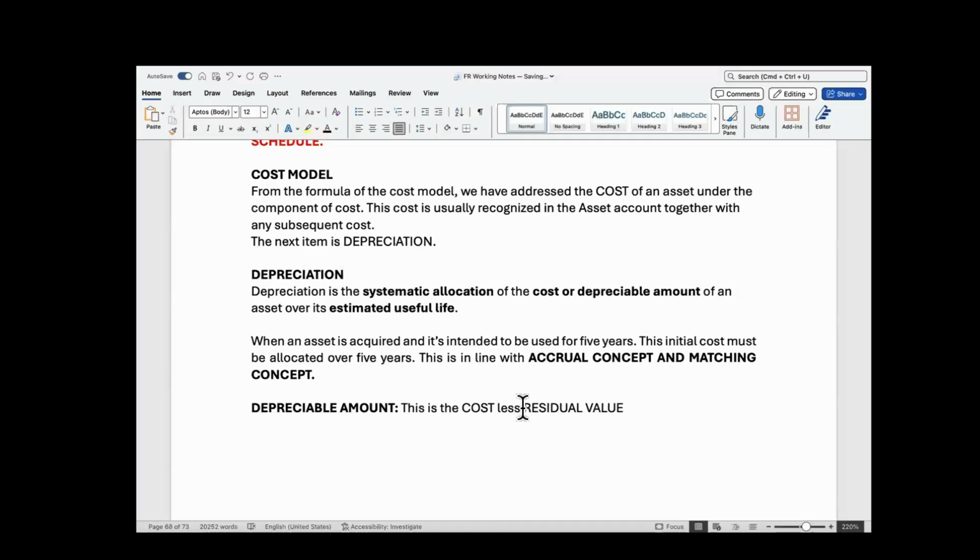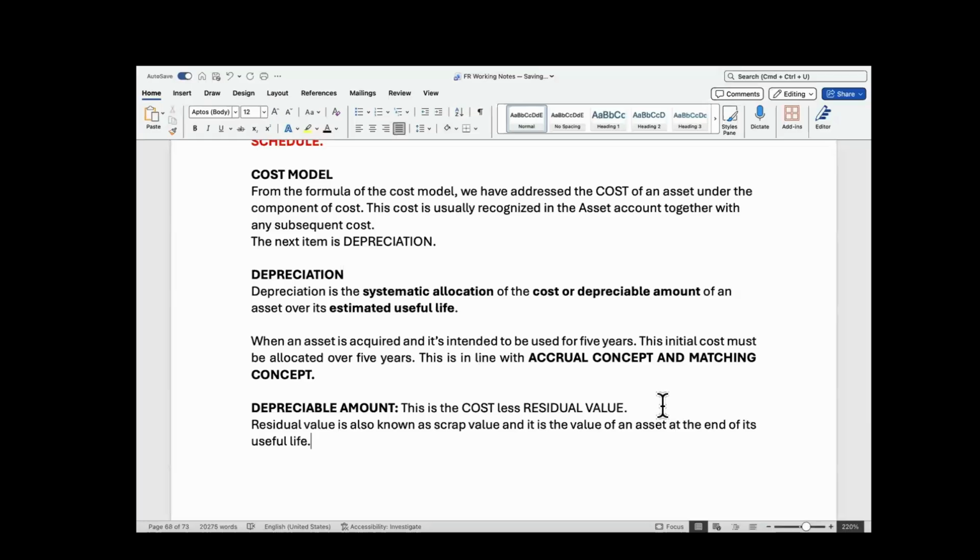And residual value is also known as scrap value, and it is the value of an asset at the end of its useful life.